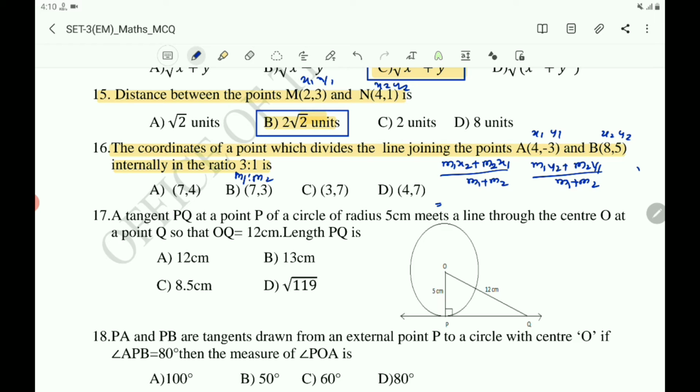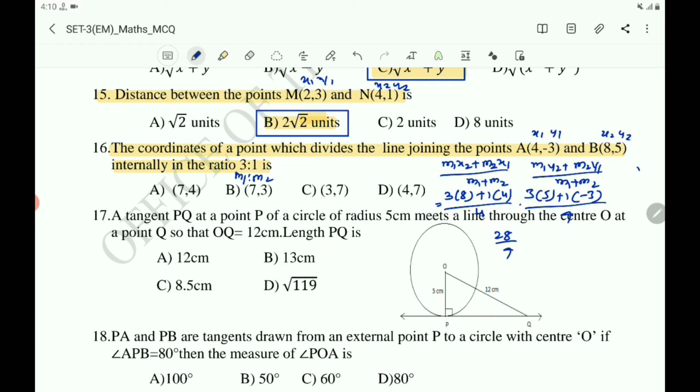That is m1 is 3 into x2, x2 is 8, plus m2 is 1 into x1, that is 4, by m1 plus m2 is 3 plus 1, 4. Here m1, again m1 you write 3, y2 is 5, plus m2 is 1, y1 is minus 3, divided by 4. That is 3 8s are 24, 24 plus 4 is 28 by 4.